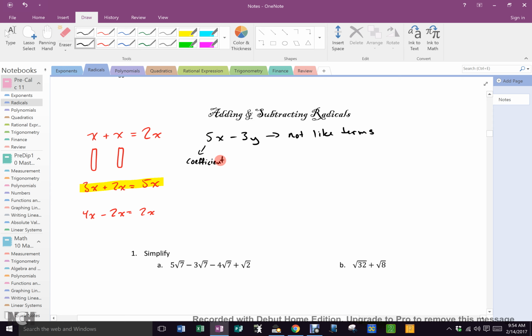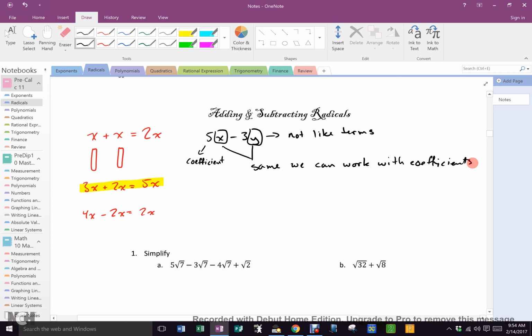Correct? Now, if this and this are the same, if they're the same, we can work with the coefficients, right? But they have to be the same.